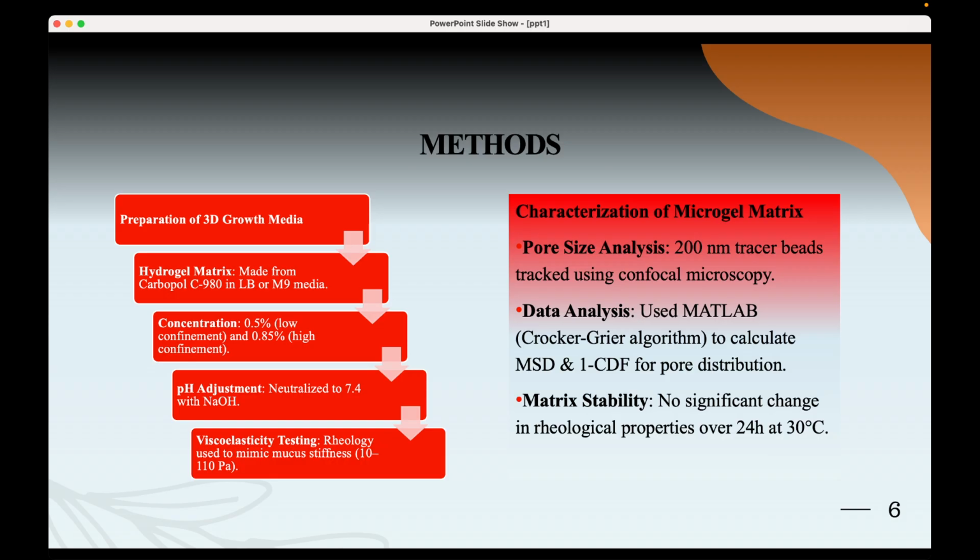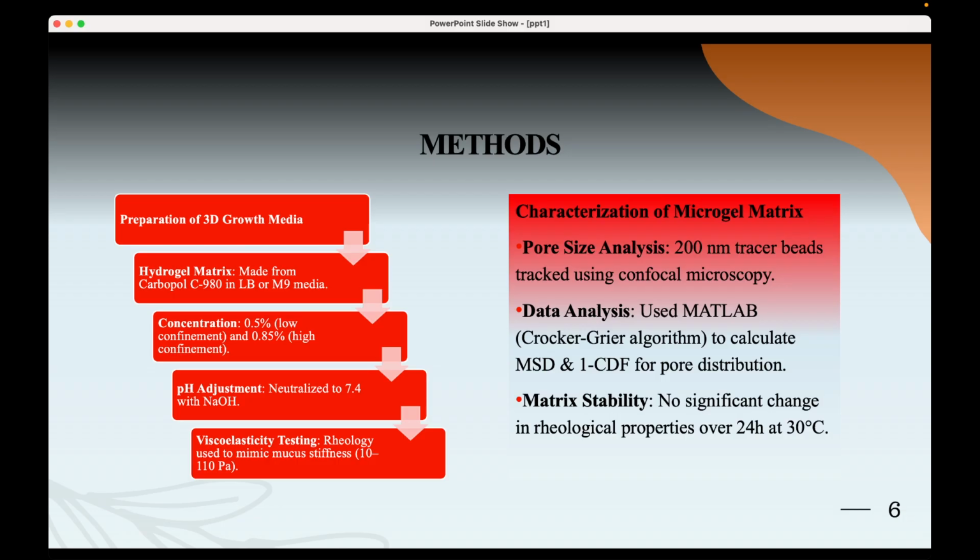Viscoelasticity testing by rheology was used to mimic mucus stiffness, along with characterization of the gel matrix, pore size analysis, data analysis, and matrix stability. To simulate the confined environments, the researchers used hydrogels with tunable pore sizes, essentially controlling how much space the bacteria have to grow.